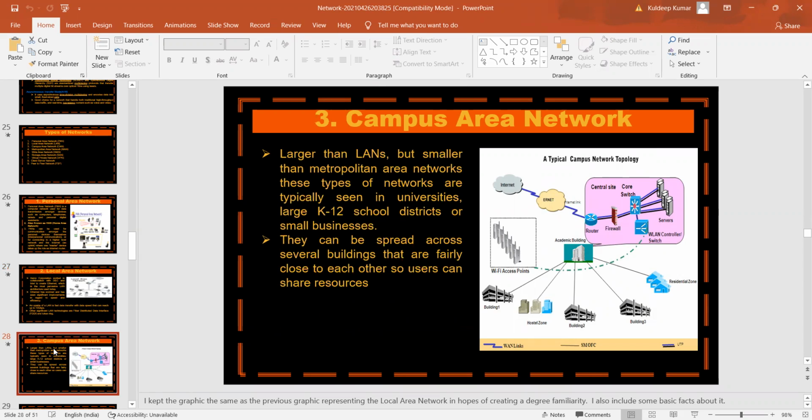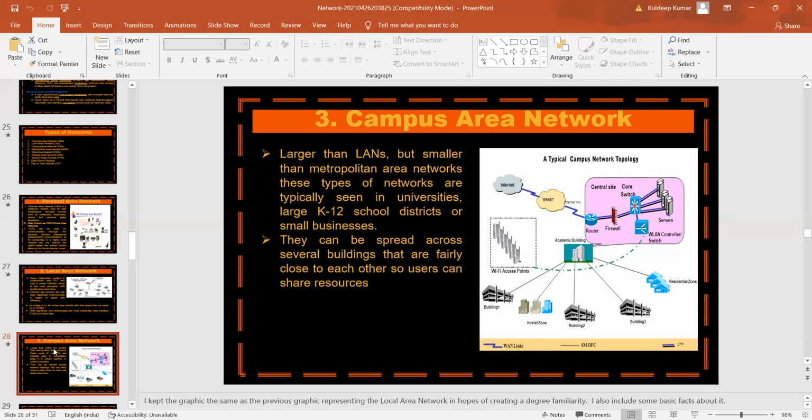LANs are smaller than metropolitan area networks. These types of networks are seen in universities. A college is using a LAN because many computers and many mobile phones are accessing a network at the same time.